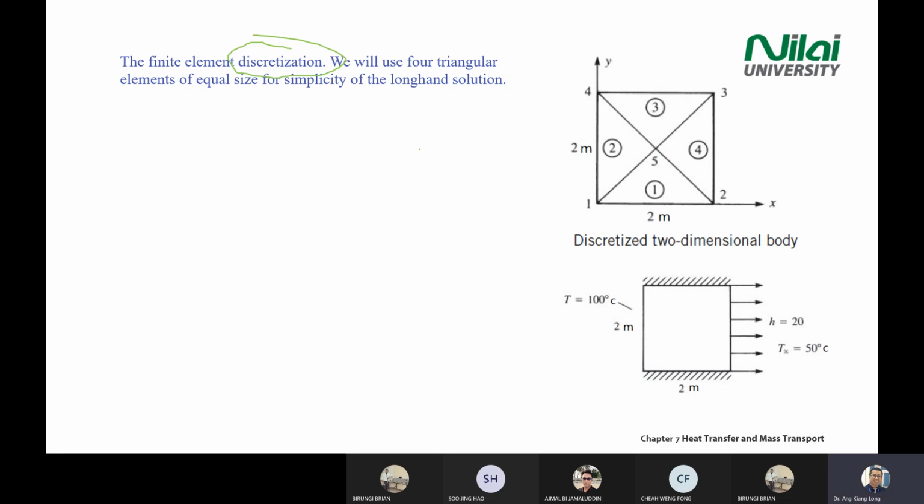So by logic, you should already know, identify where is your I point, J point, and M point for element 1. For example, element 1, your I is 0. Element 1, your J is number 2. Your point M is number 5.